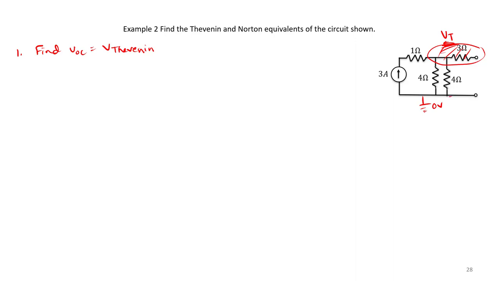So how could we find our Thevenin voltage for this circuit? Given the strategies that we covered at the beginning of the video, what approach might work best? Take a moment and think about it.